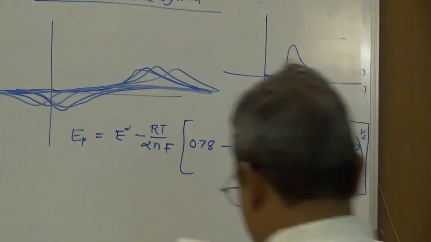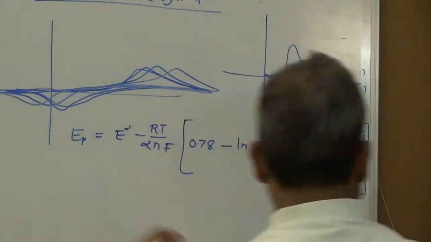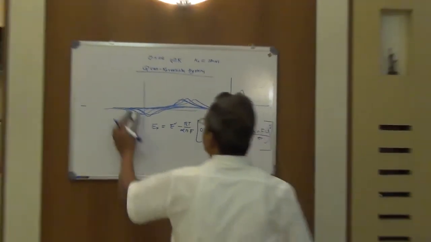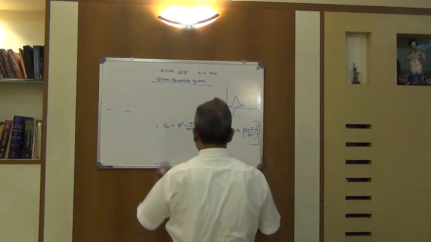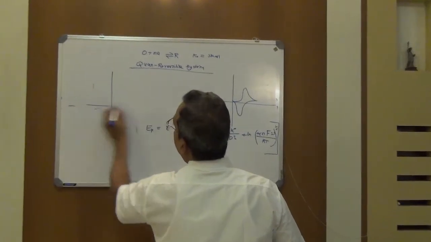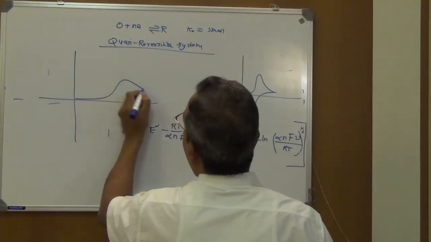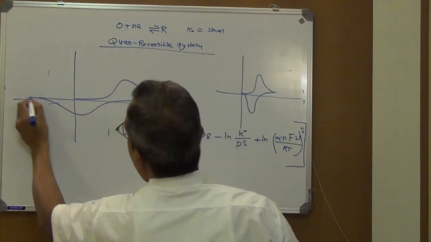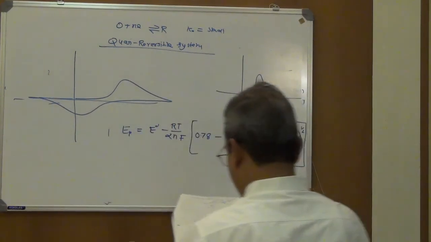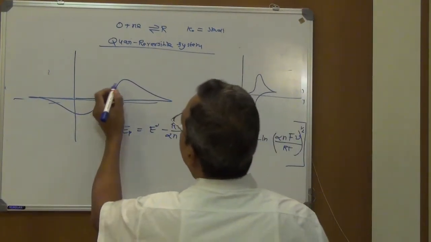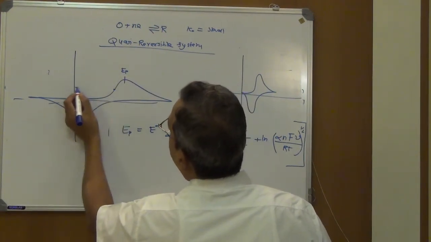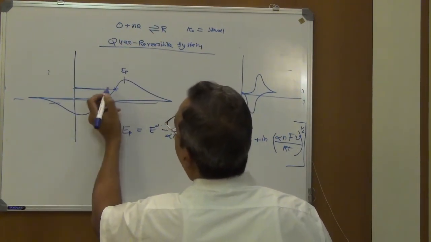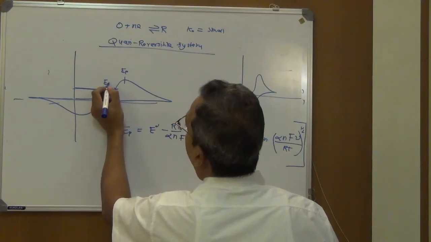In fact, if you consider a typical cyclic voltammogram for a quasi-reversible system, half peak potential means what? This is the peak potential, and the half peak potential, that means at half current, is called Ep/2.